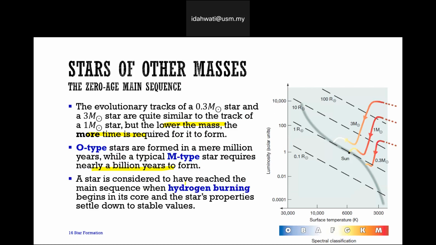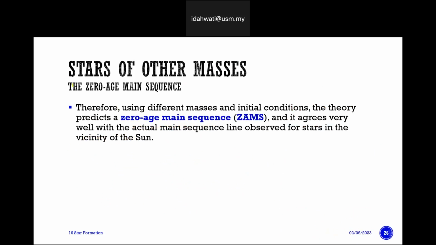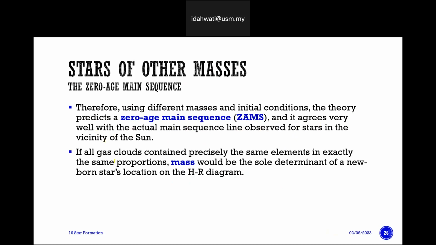A star is considered to have reached the main sequence when hydrogen burning begins in its core and the star's properties settle down to stable values. Therefore, using the mass and the initial condition, the theory predicts a zero-age main sequence, ZAMS, and it agrees very well with the actual main sequence line observed for stars in the vicinity of the Sun.